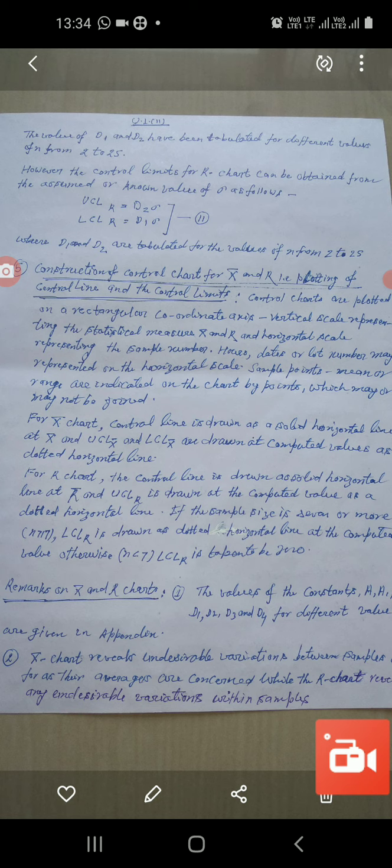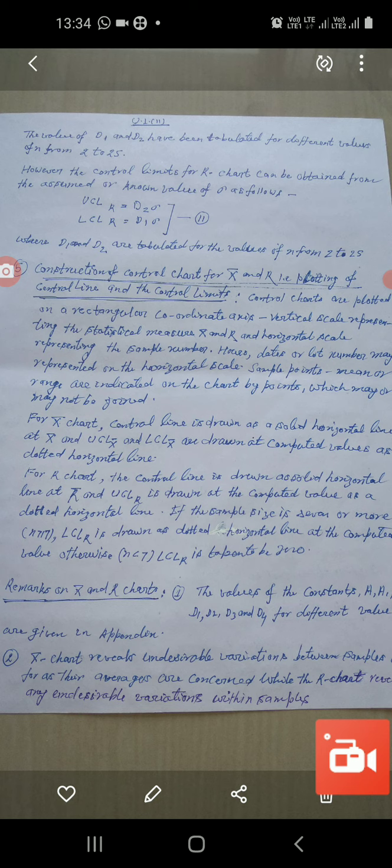Okay. Second, the X bar chart reveals undesirable variations between samples as far as their averages are concerned, while the R chart reveals any undesirable variation within samples.